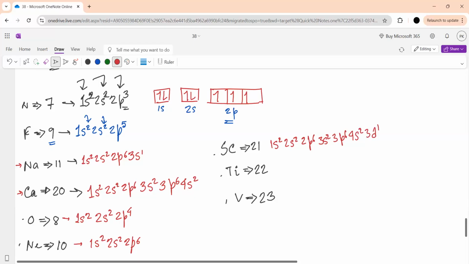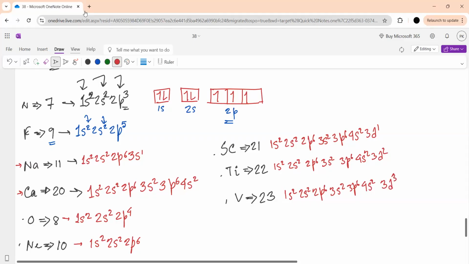For 22, my answer is 1s2, 2s2, 2p6, 3s2, 3p6, 4s2, 3d2. And for this one, it will be 1s2, 2s2, 2p6, 3s2, 3p6, 4s2, 3d3.